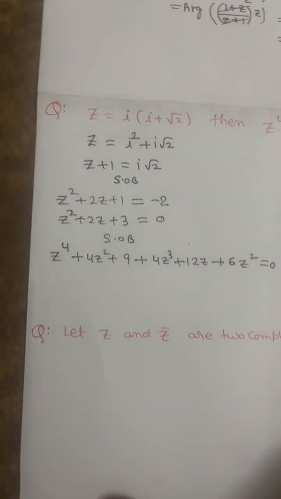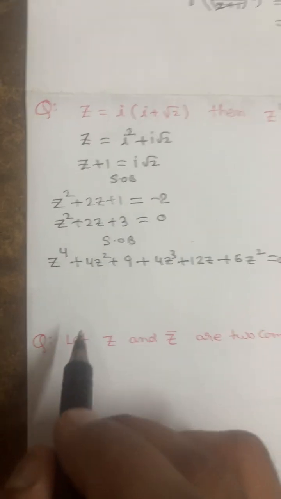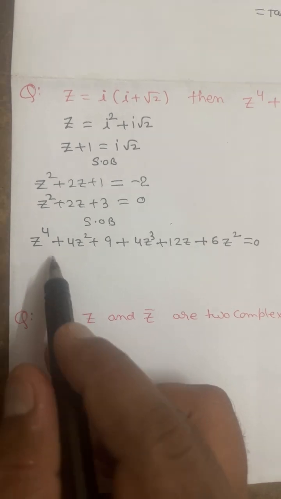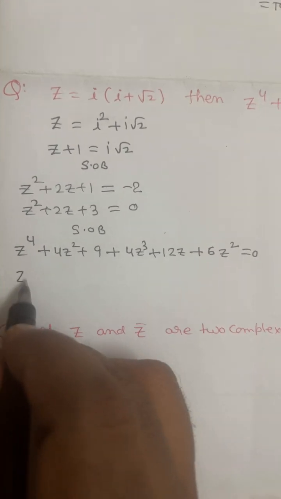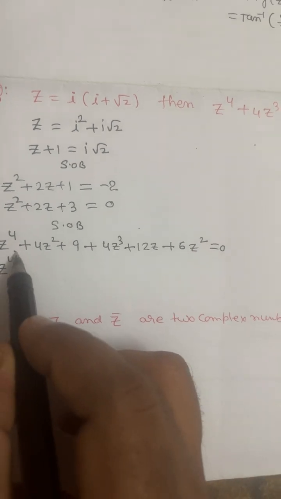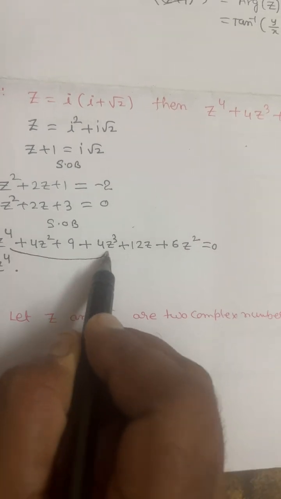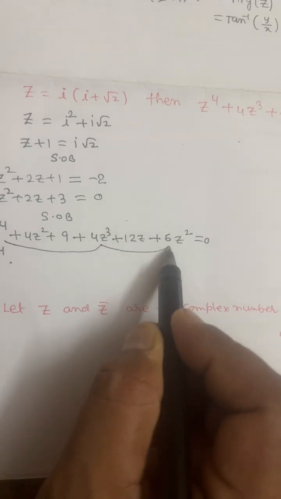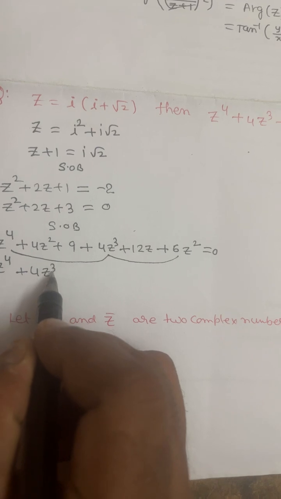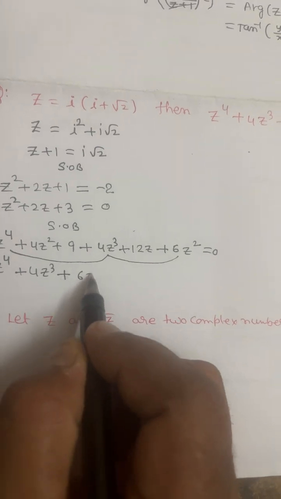From this only, the turning step, dear students. In the question they are asking Z power 4 plus 4Z cube plus 6Z square plus 4Z. As it is, we will keep it here: Z power 4 plus 4Z cube plus 6Z square.